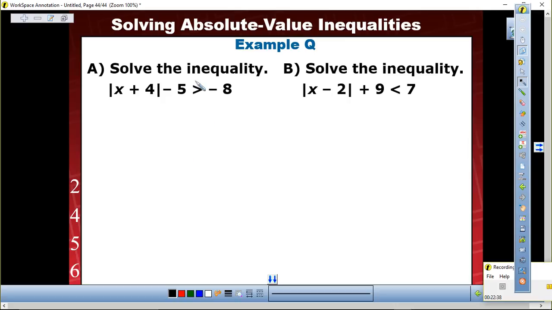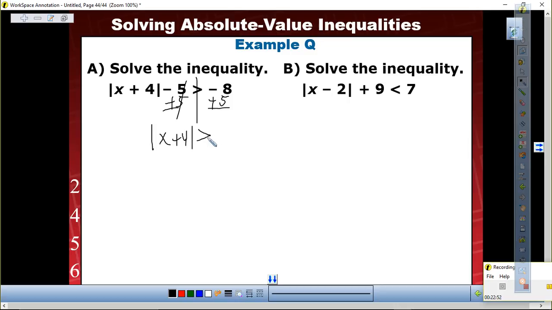Jen, what do I do here? Add 5, absolute value x plus 4 greater than negative 3. How about here, Jen? Subtract 9, absolute value x minus 2 less than negative 2.